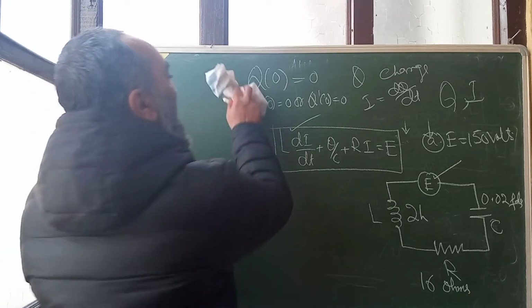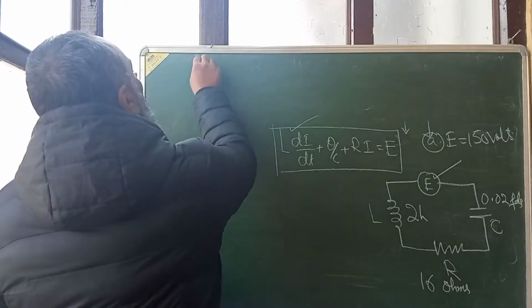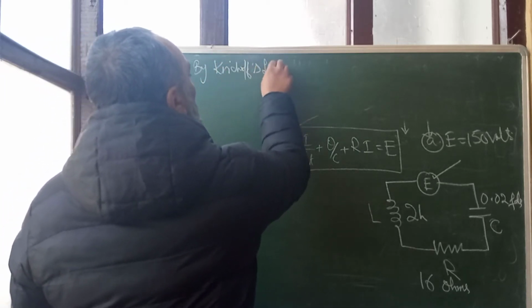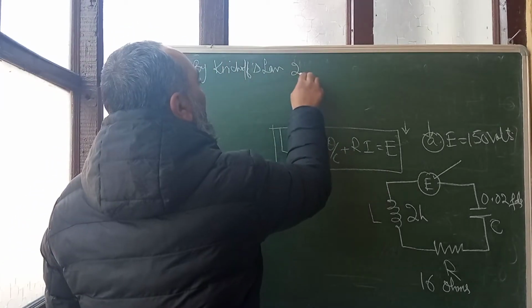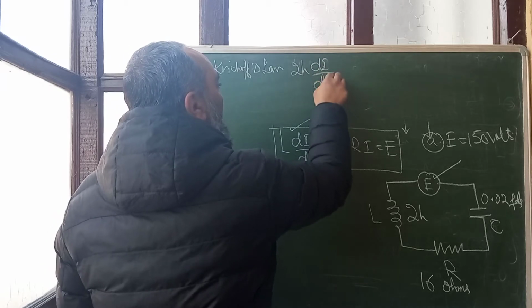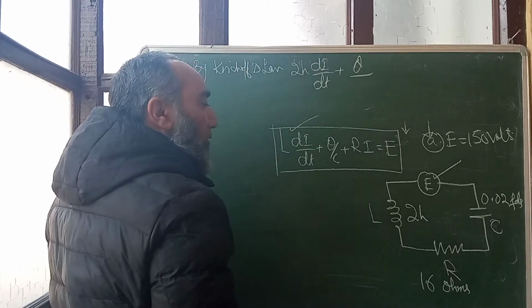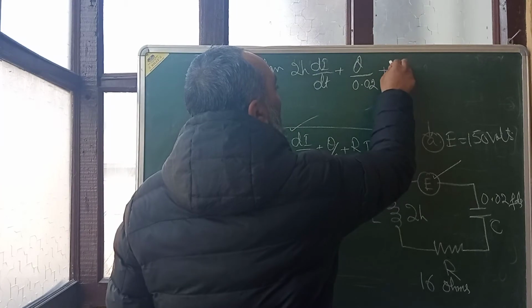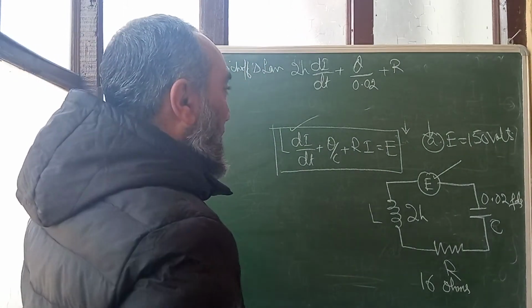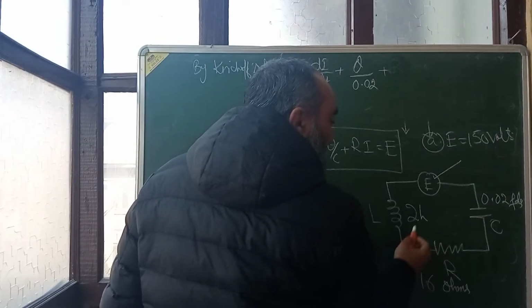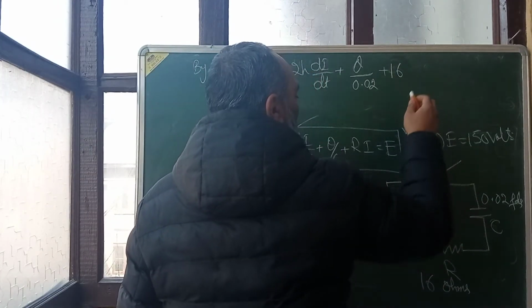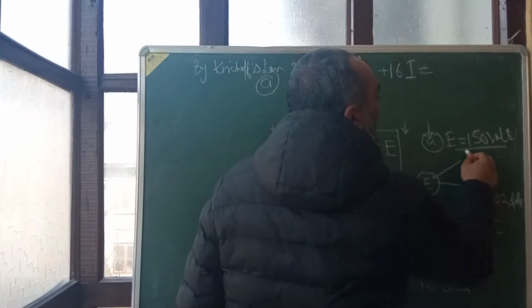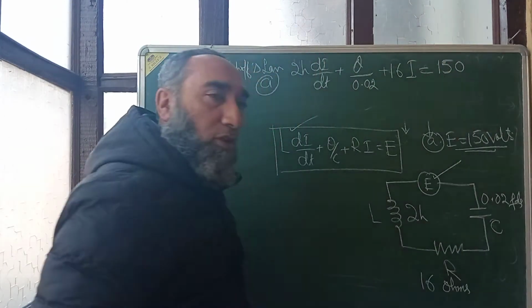So by Kirchhoff's law, L, 2 Henries, di by dt plus Q by C, so your C is 0.02 farads, plus R, resistance is 16 ohms, 16 I is equal to E, which is 150 volts. Okay, I have this differential equation.